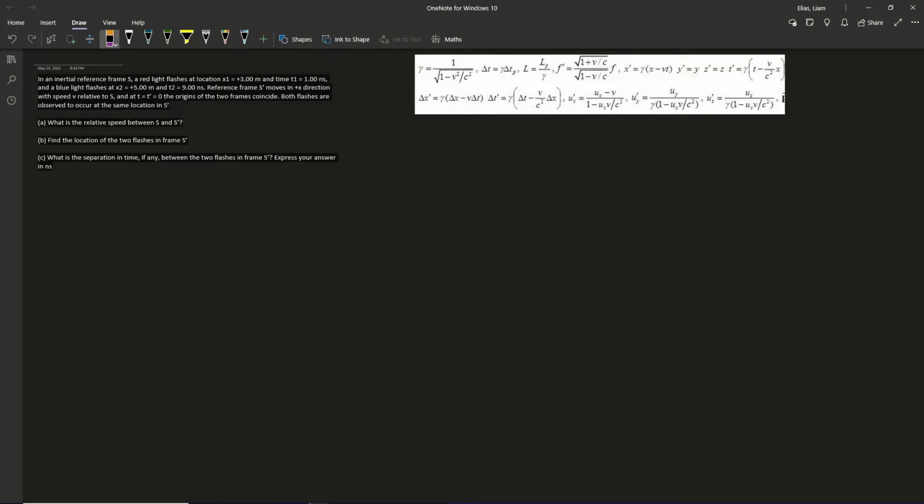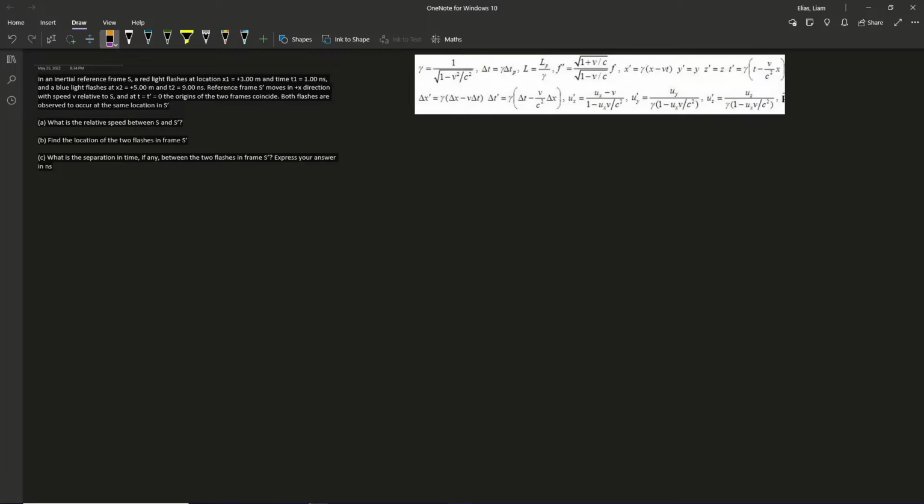So this question is on relativity, specifically Lorentz transformations. I'm just going to read over the question quickly and we'll get into it. In an inertial reference frame S, a red light flashes at location x1, equal to positive 3 meters, and time t1, equal to 1 nanosecond. A blue light flashes at x2, equal to positive 5 meters, and t2, equal to 9 nanoseconds.